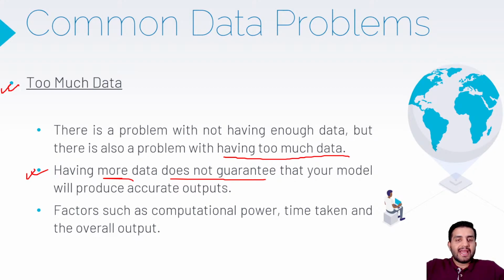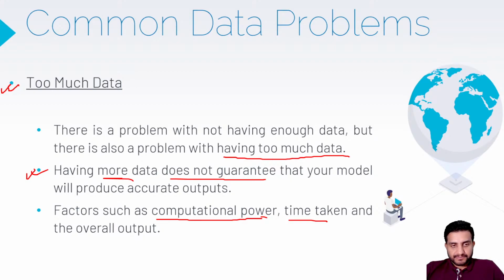Also, the moment I have too much information, it becomes a problem from a computational point of view as well. Computational power and time taken also become very crucial discussion points for my overall output.